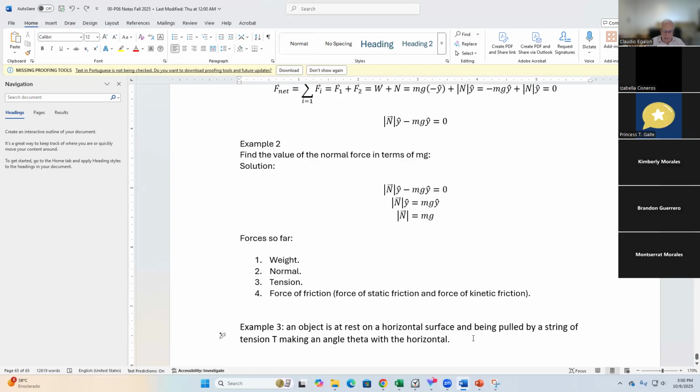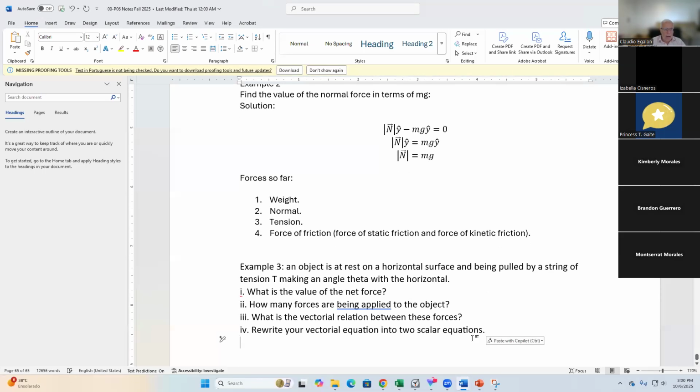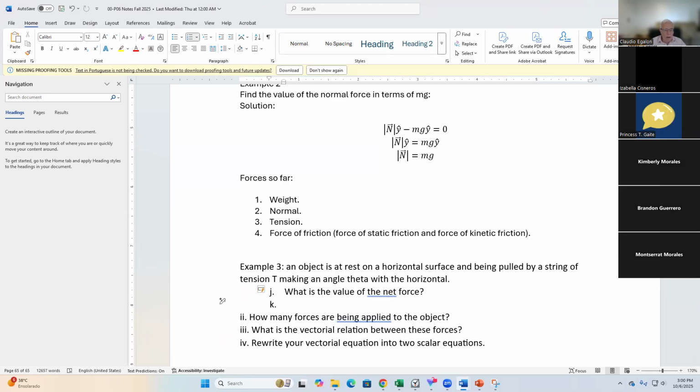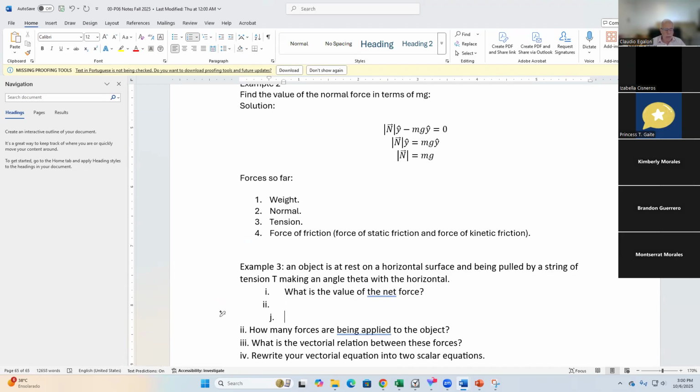The first thing that, here you go. Good. What's the value of the net force? 2.